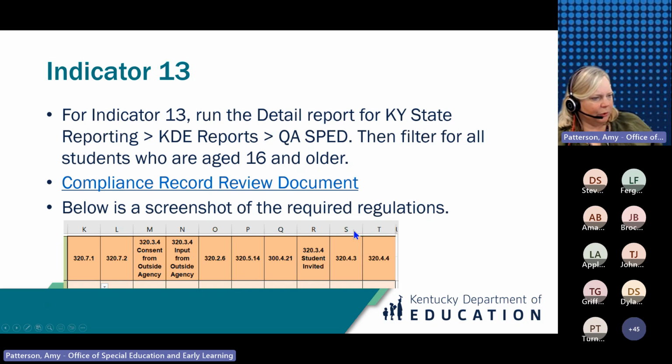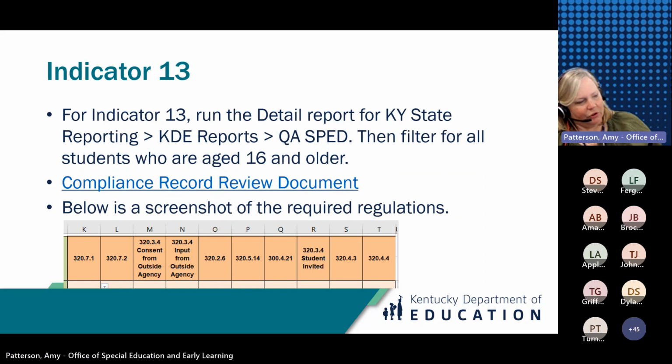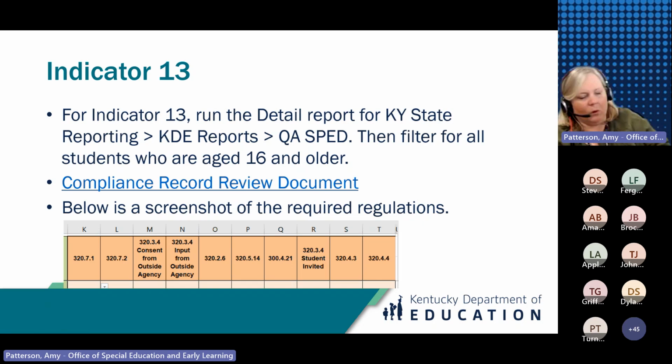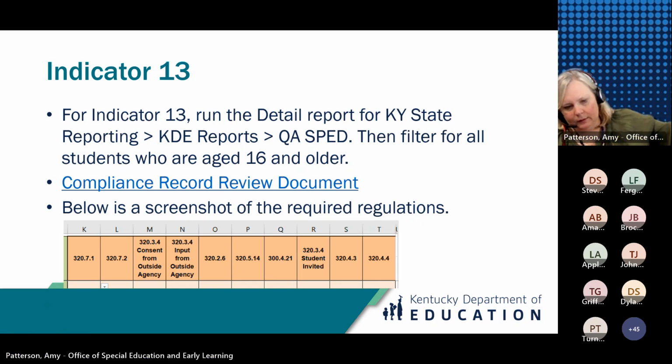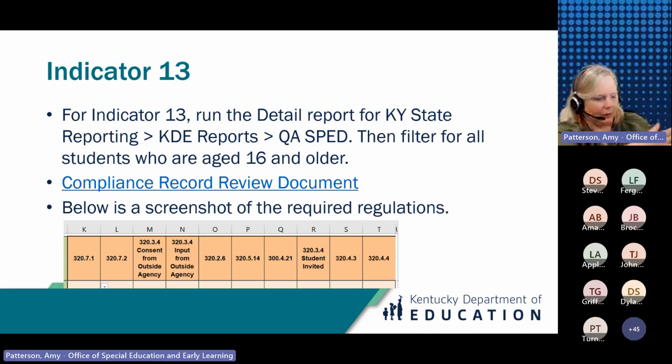I know one or two of these regulations down here say for kids 14 or older, and I question that as well, but you're still only looking at students 16 or older for this particular indicator. So you don't need to pull 14-year-olds just for the one regulation that involves 14 and up. It's only for 16-year-olds and up.